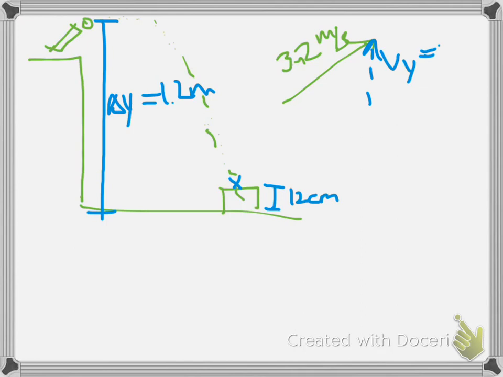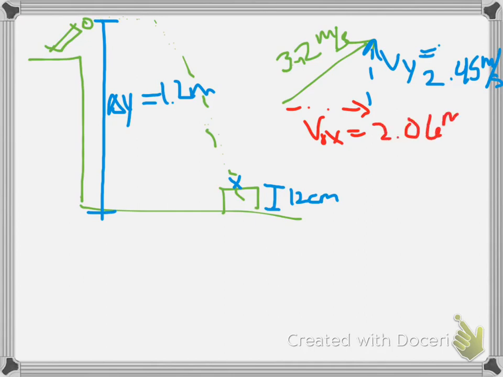I'm going to tell you what it is. It's 2.45 meters per second. Okay, it's up to you to figure out how I got that number. And here, this is a velocity in the x direction. These are both initial quantities. And this is going to be 2.06 meters per second. So again, it's up to you to figure out how I got that value.